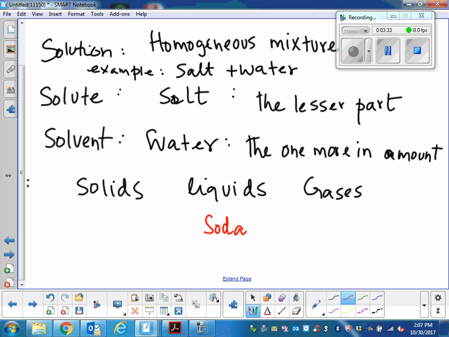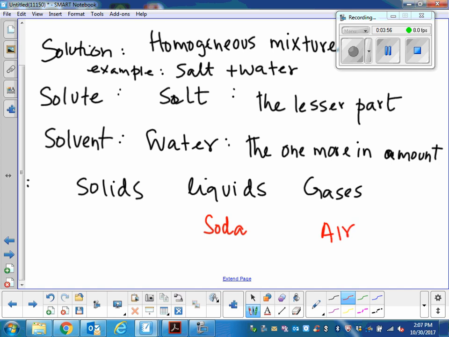Can somebody give me an example of a solution that's a gas? Oxygen is an element. It's on the periodic table. Fart, actually not bad, is a gaseous mixture. But I don't want to write that. Give me some other everyday example. Yes, air. Air is an example.